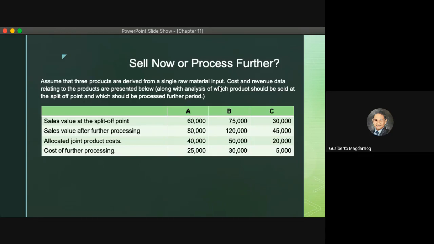Product B, 75, then 50, so we earn there. But if we process further, the sales value will be 120.